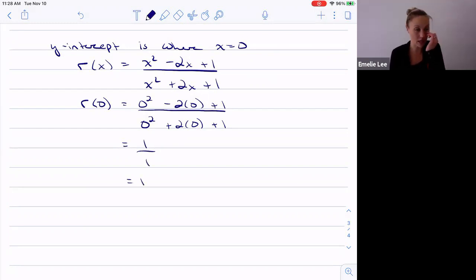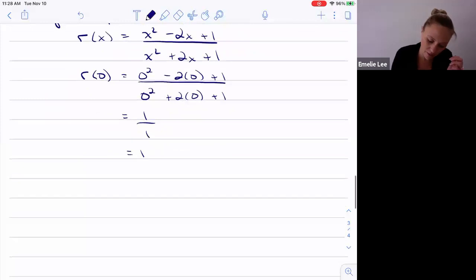So the y-intercept is at y equals 1 and x equals 0.